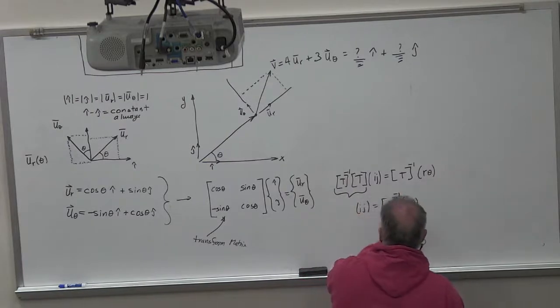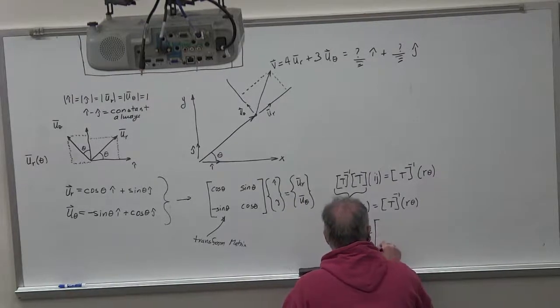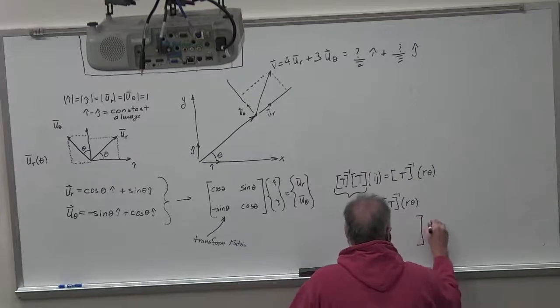In other words, this would be ij equals whatever matrix this is times u_r and u_theta.